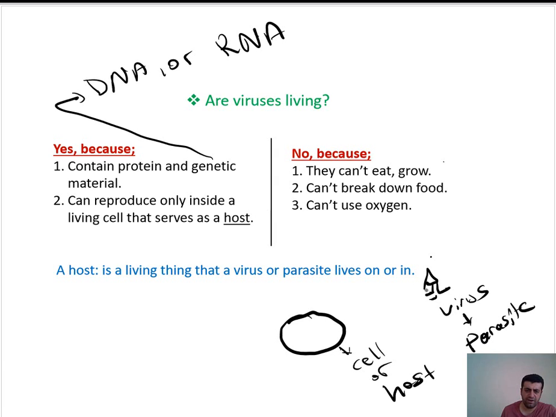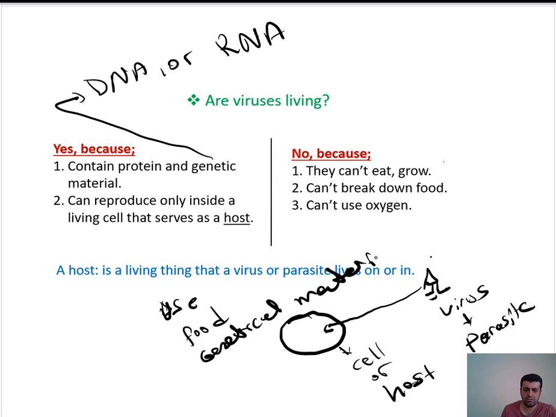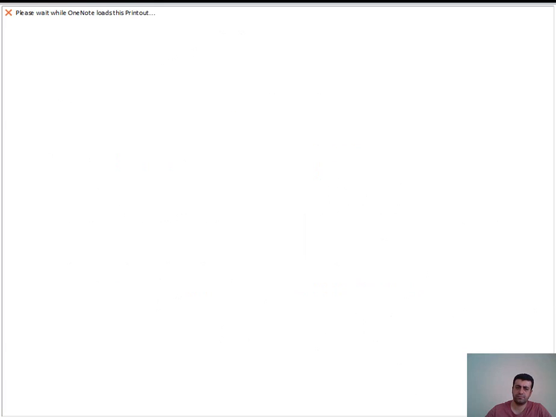The virus enters inside the host, uses the food and genetic material of the host, then kills the host and goes to find other cells. So that means viruses destroy their host.